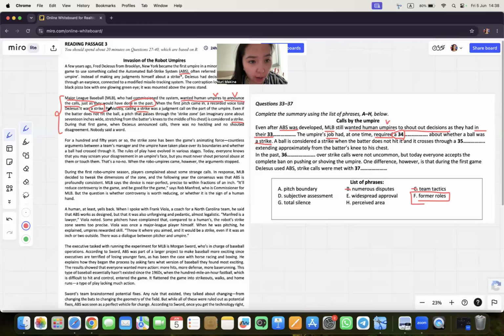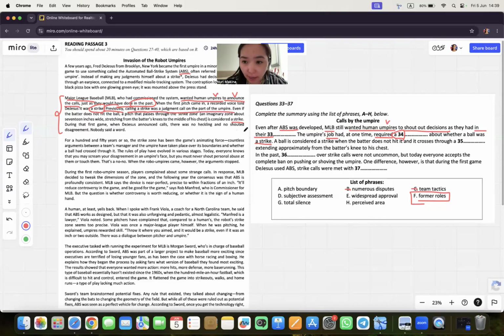So a strike, we have nothing about that, right? We don't have anything about a recorded voice. So the answer probably might start from this point, from the sentence "previously." So if you can see here, calling a strike was a judgment call on the part of the umpire. This part, calling a strike was a judgment call.